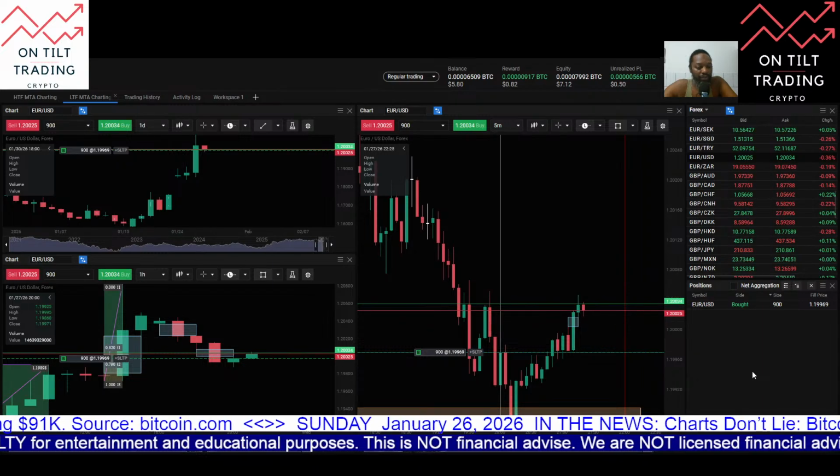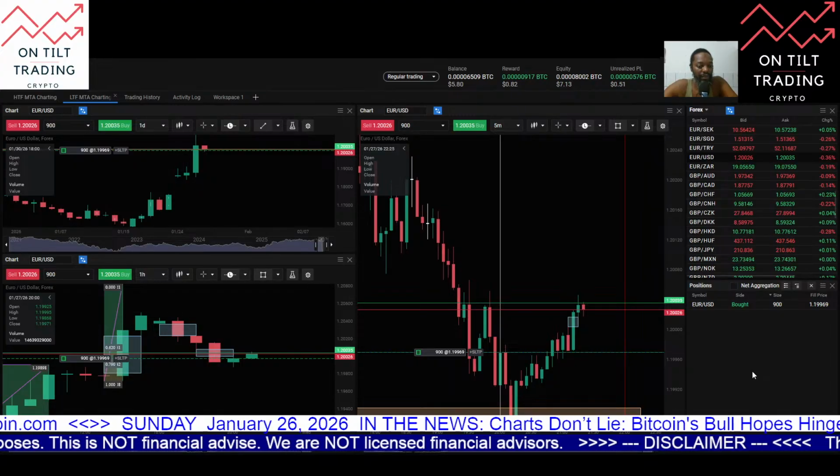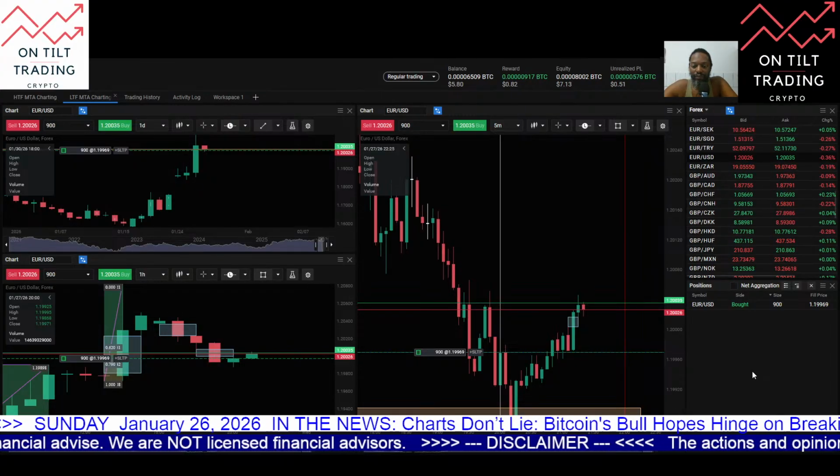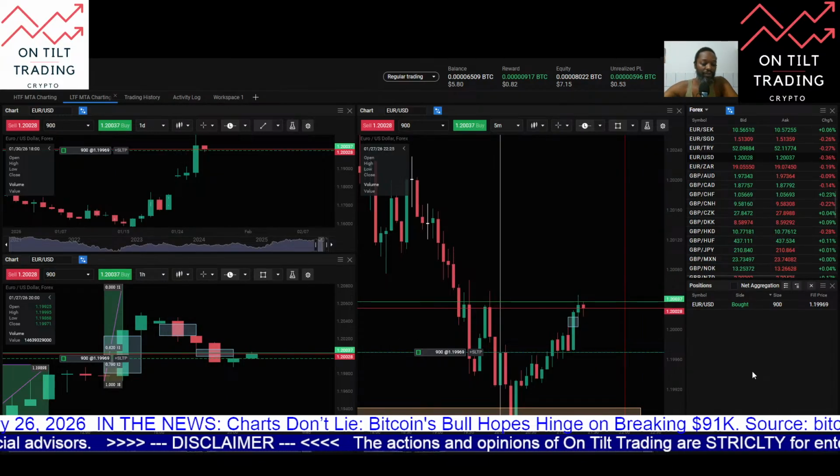So I'm curious to see how Euro USD delivers here for the remainder of the kill zone and just for the remainder of the Asian session in general.